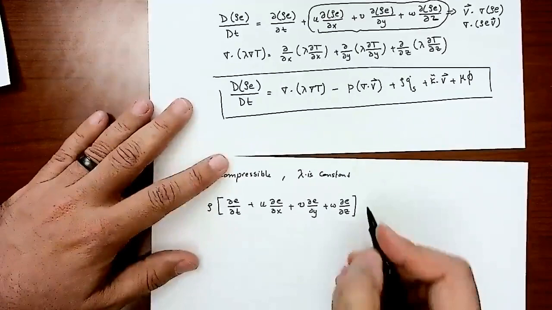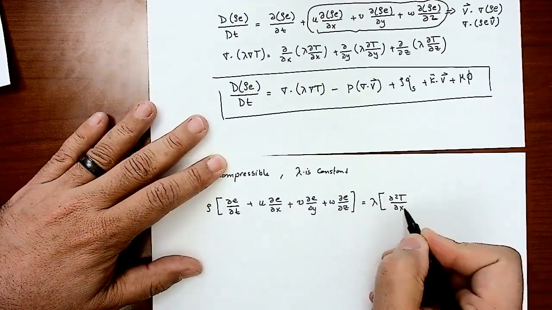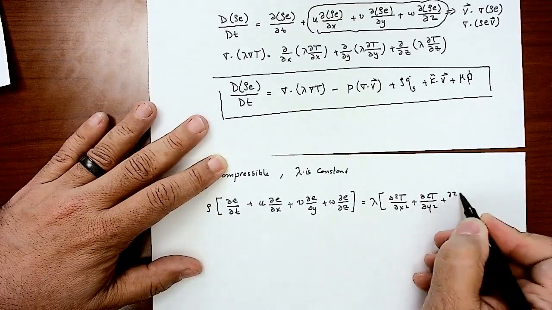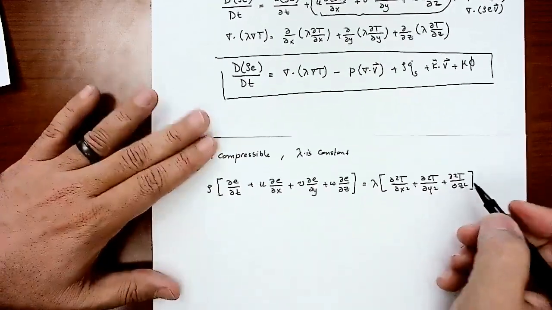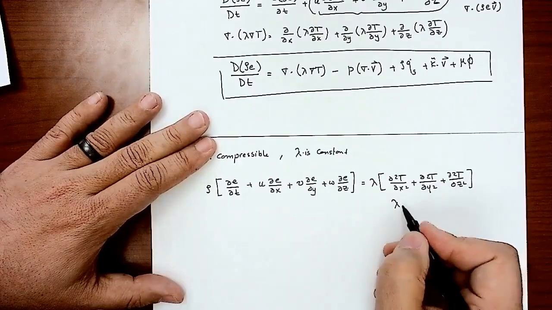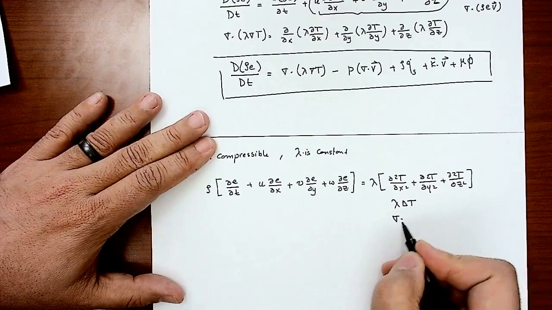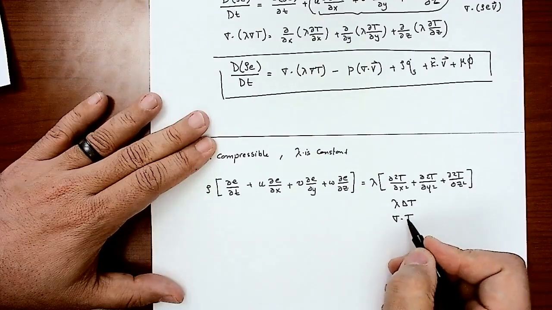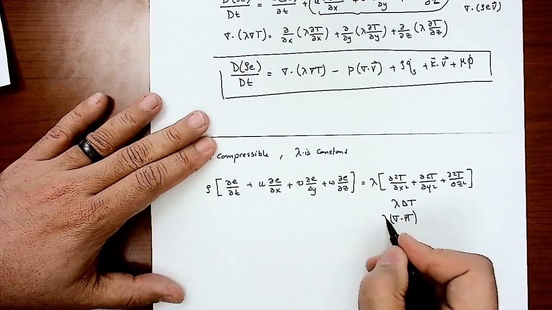That I will have actually simply lambda times partial 2t by partial x squared plus partial 2t by partial y squared plus partial 2t by partial z squared, which can be written as lambda delta T, or you can write it as nabla dot nabla T times lambda, either one.